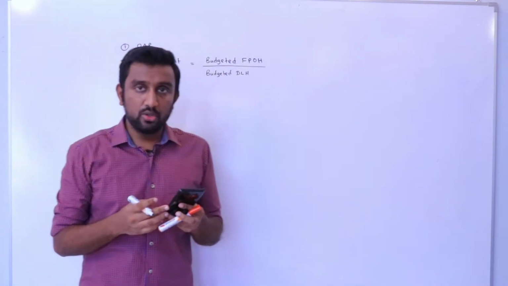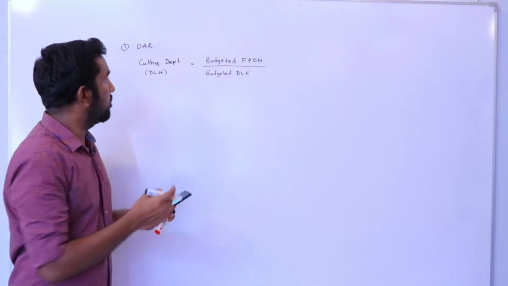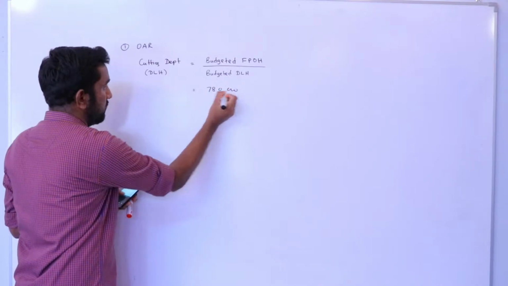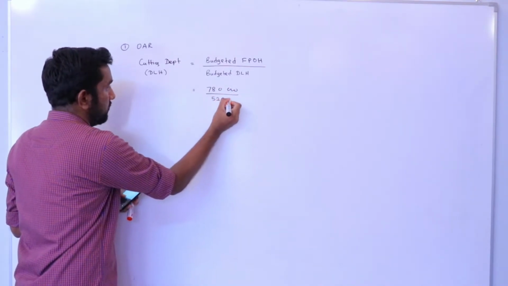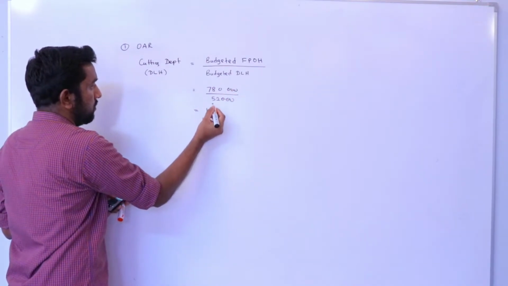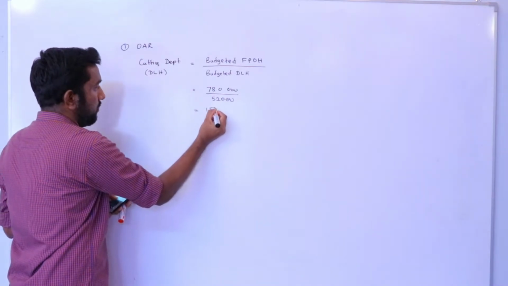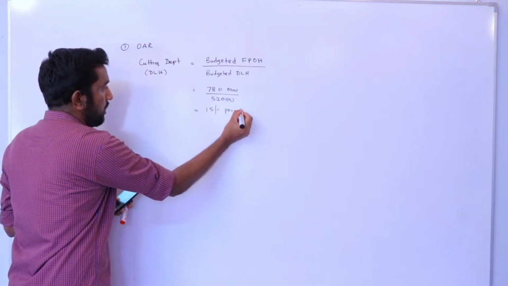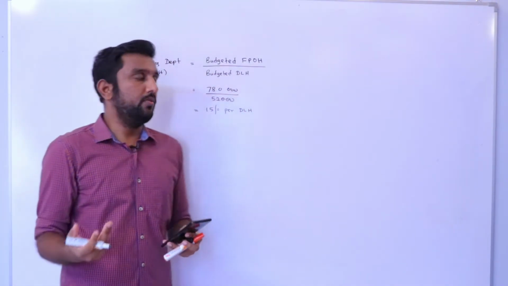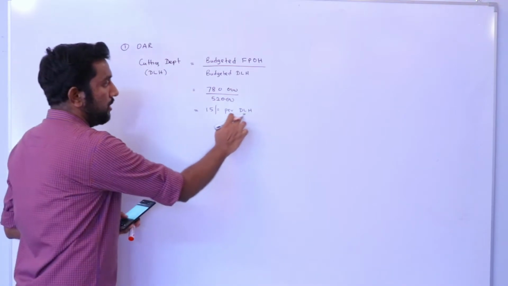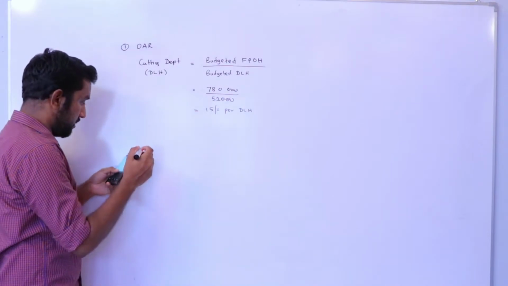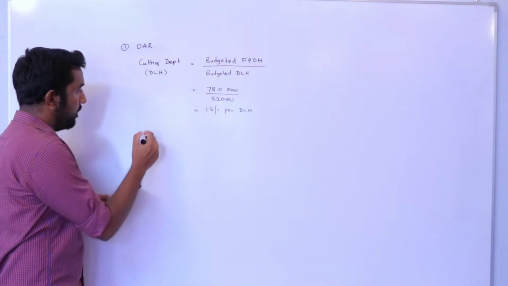So in this question, they gave the total, which is 52,000 for cutting department, and budgeted fixed production overheads is 780,000 divided by 50. So how much? 15 rupees per direct labor hour. 15 rupees is fine, but if you are going to write the exact correct answer, you have to say per direct labor hour, right?